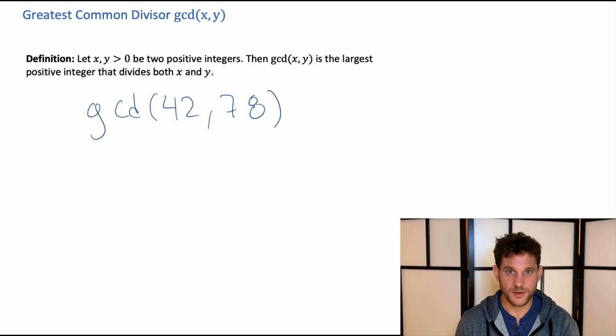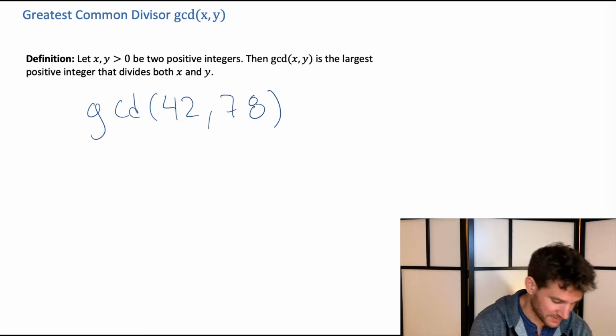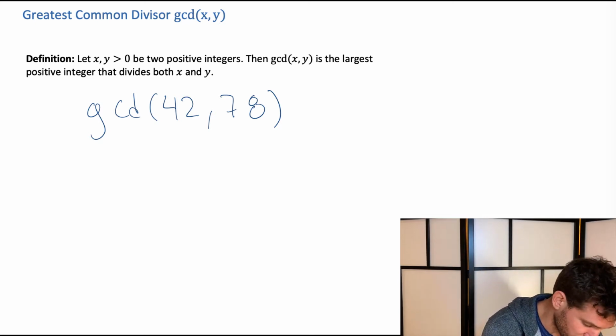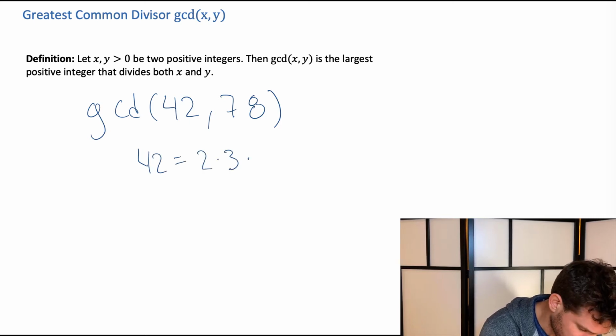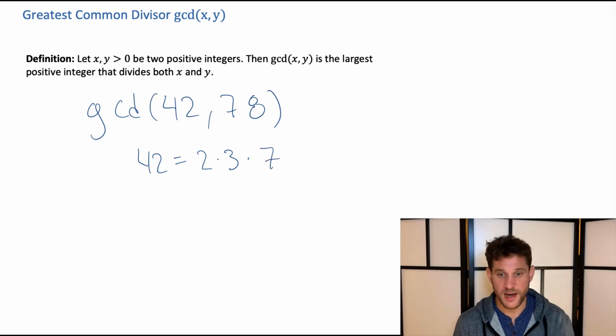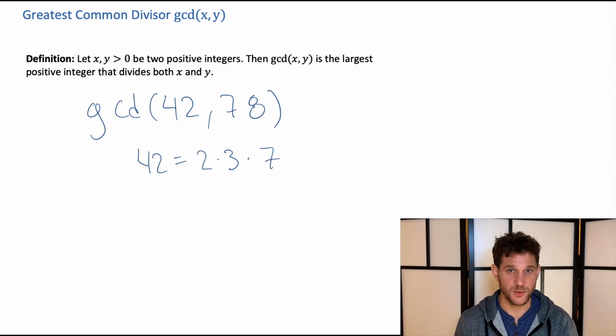Well, the easiest way to do this in your head, if you're good at factoring, is basically to write these numbers in their prime factorization. 42 equals 2 times 3 times 7. And by the way, I don't recommend doing it this way computationally.